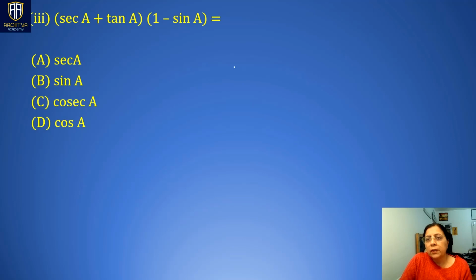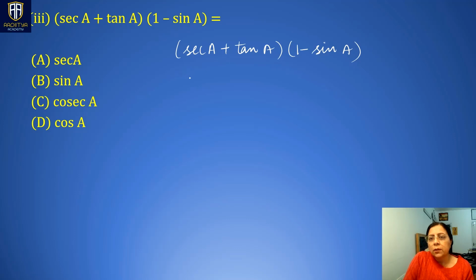Next is, we have in bracket secant A plus tangent A multiplied by 1 minus sine A. So now we have to simplify this expression to choose one of these options. So what we can do is, secant A can be written as 1 upon cos A. Tan A can be written as sine A upon cos A. Right?